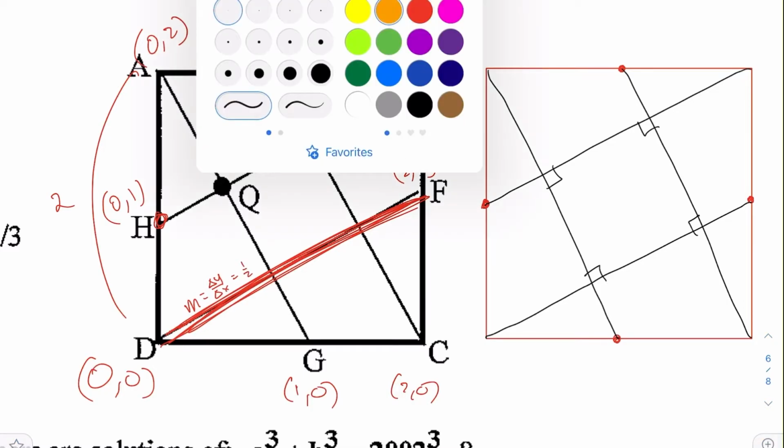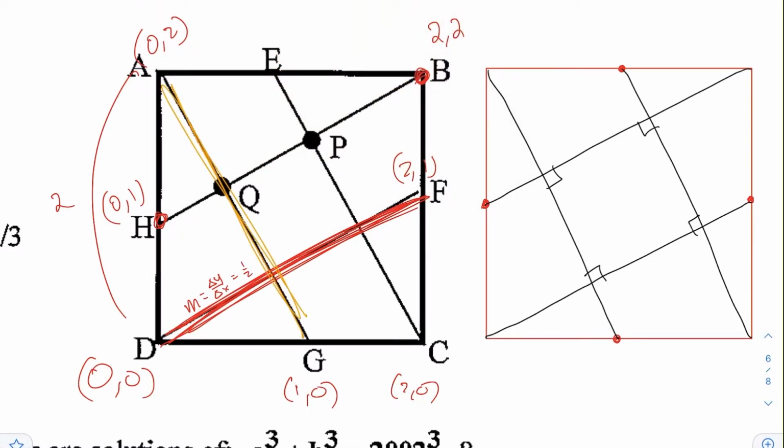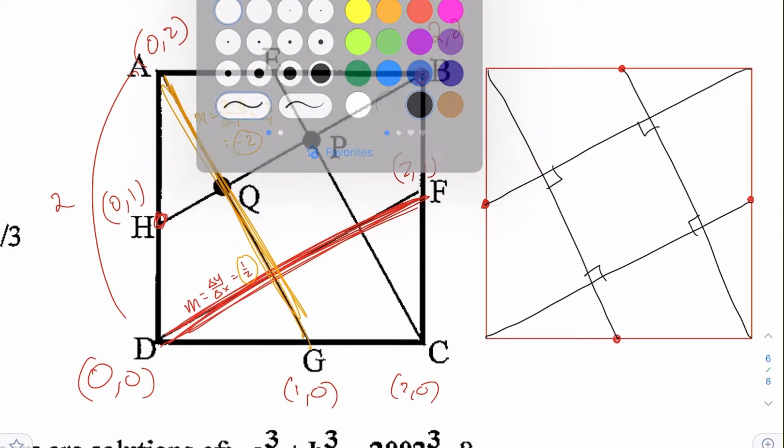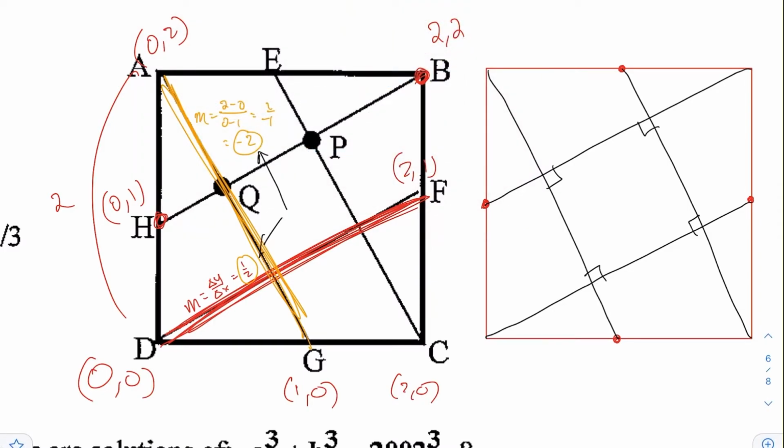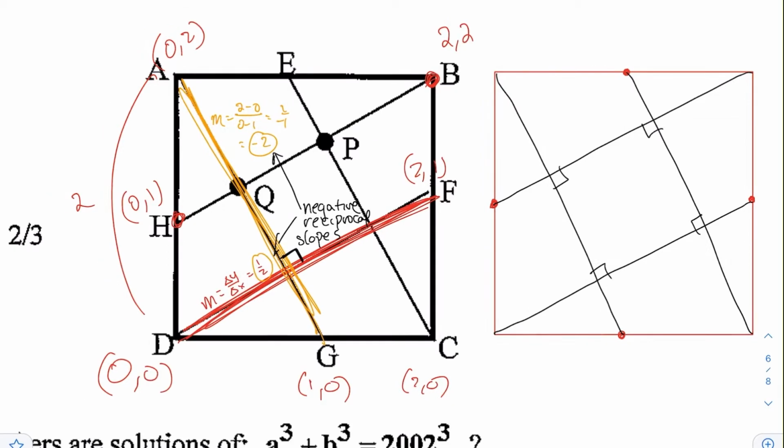And then you would have to find the slope of this line here, and the slope would be change in y, or 2 minus 0 divided by 0 minus 1, and that's 2 over negative 1, which is negative 2. And negative 2 and 1/2, these are negative reciprocals. And when you have lines with negative reciprocal slopes, they are perpendicular. So therefore, this is a square in the middle.